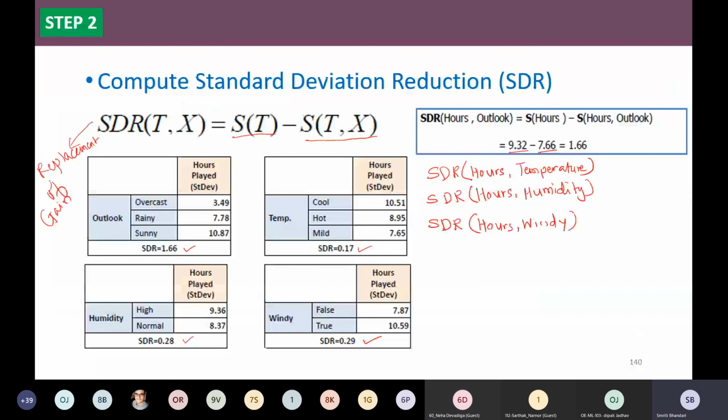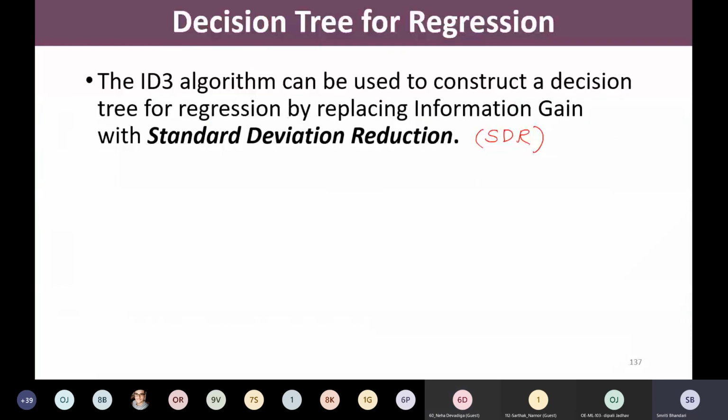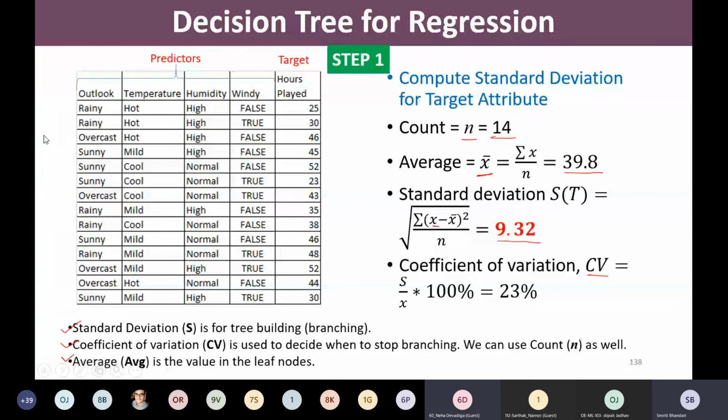This is our step number 1. In step number 1, what we need to do is compute the standard deviation for the target attribute. Here our target attribute is hours played. As in this step number 1 we are initiating our algorithm, we have not yet selected our root node of the tree.